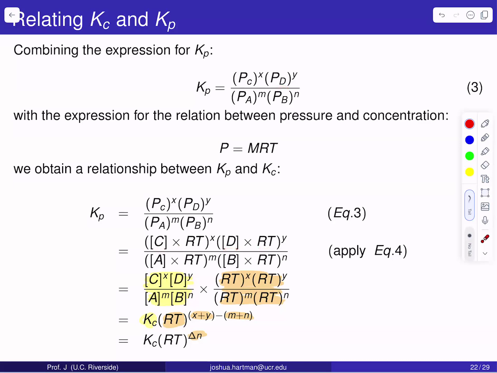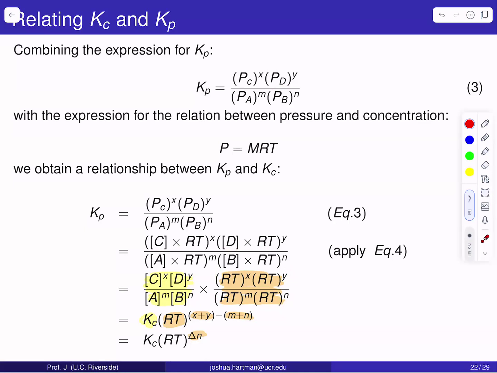You do this for everything, and then you end up with, highlighted in yellow here, a collection of terms that are all concentrations, and then another collection of terms highlighted in orange here that are all RT terms, again where everything is raised to the appropriate power based on the stoichiometric coefficient in that balanced chemical reaction equation.